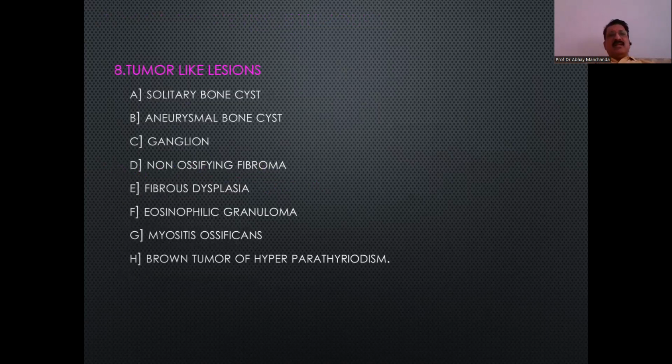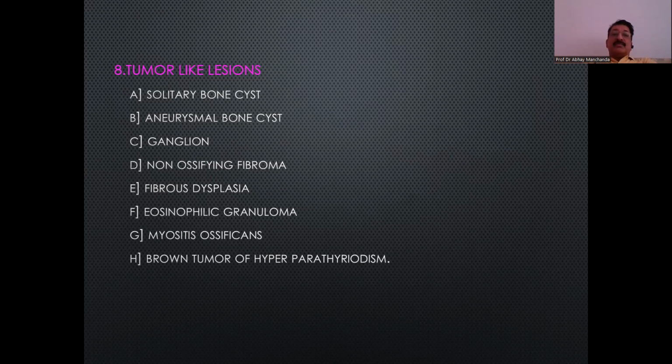There can be various lesions that actually are not tumors per se, but they appear like tumors and they behave like tumors. So they have been included in a variety called tumor-like lesions.